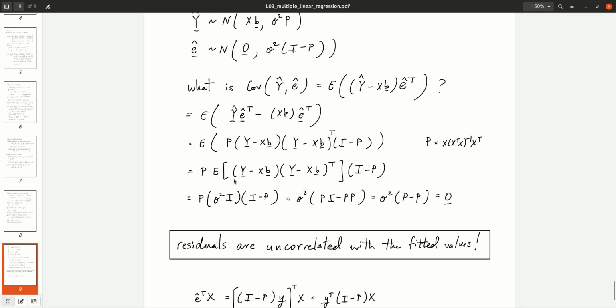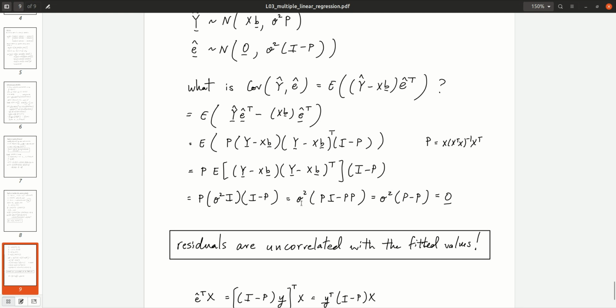What's inside the expected value is just the formula for the covariance matrix for y: y minus its mean multiplied by y minus its mean transpose, then take the expected value. That's sigma squared I. So it becomes P times sigma squared I times (I minus P). Pulling the sigma squared out, you get P times (I minus P).